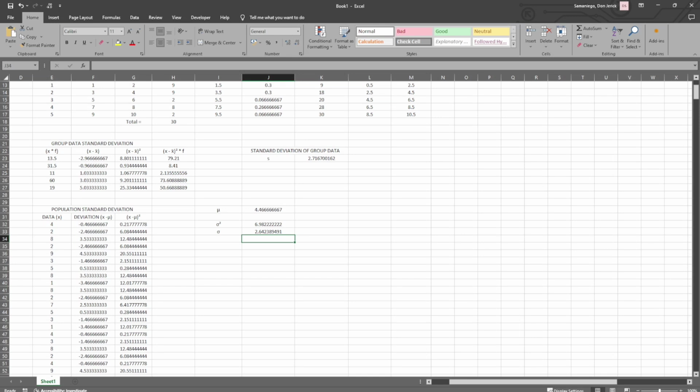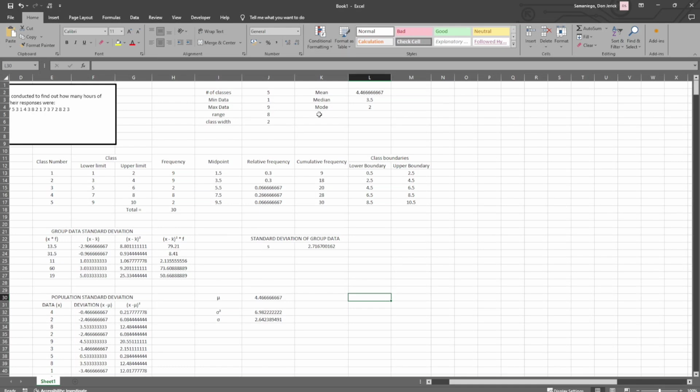Then we can now proceed to the sample standard deviation. The next is now we can get the mean frequency.